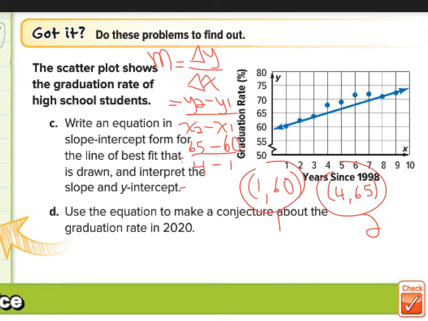That's what I meant by making these my 1s and these my 2s. This is my x1 and my y1. This is my x2 and my y2. Now when I solve, I get 65 minus 60 is 5, and 4 minus 1 is 3. So I have a slope of 5 over 3 where I rise 5 when I run 3.